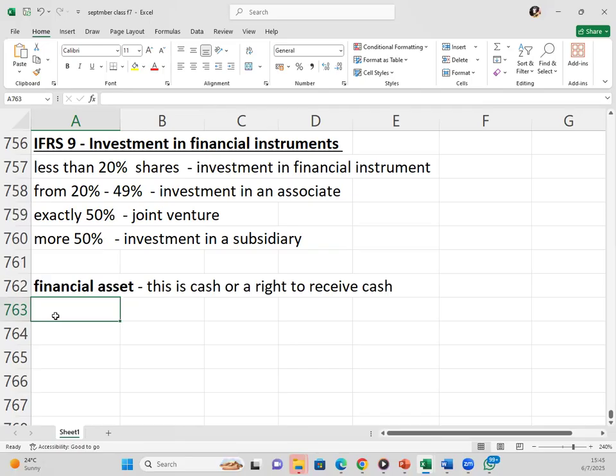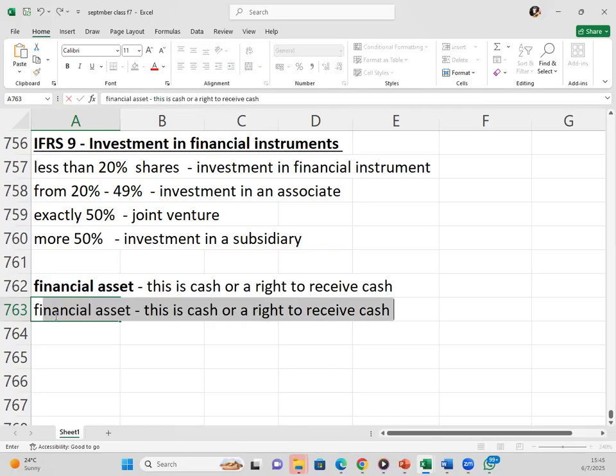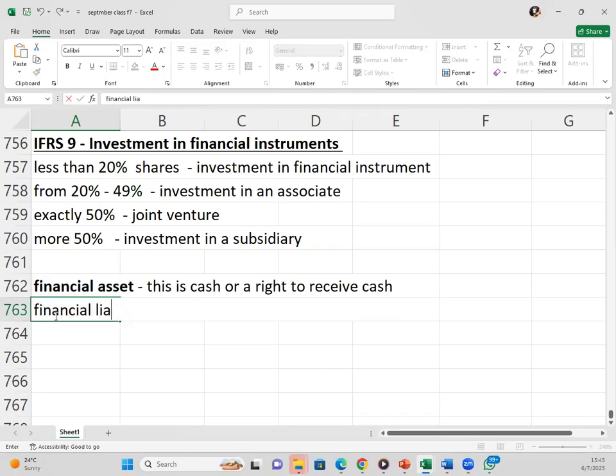Besides the financial assets, we have financial liabilities. What is a financial liability?